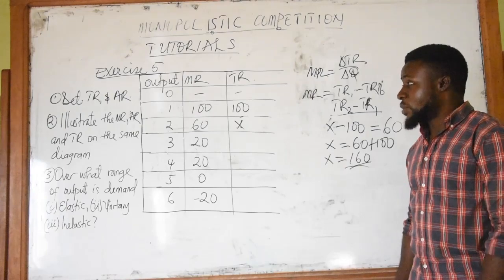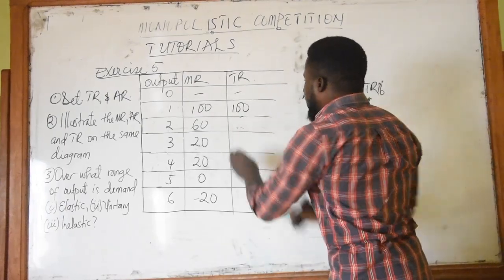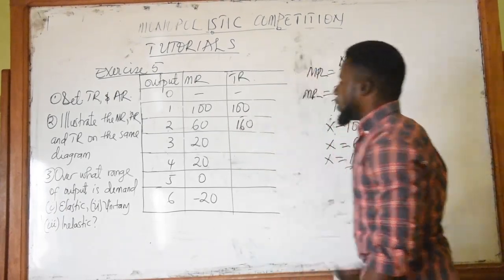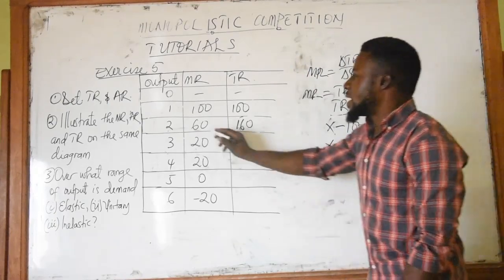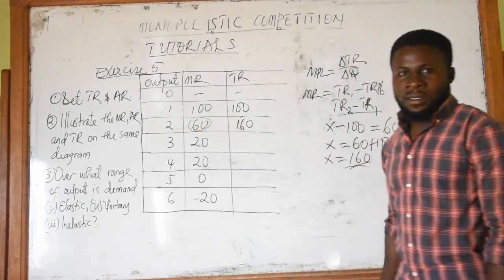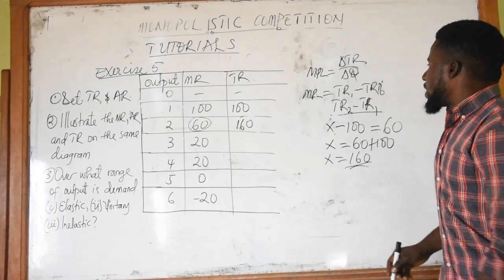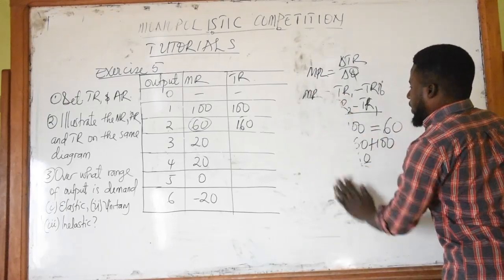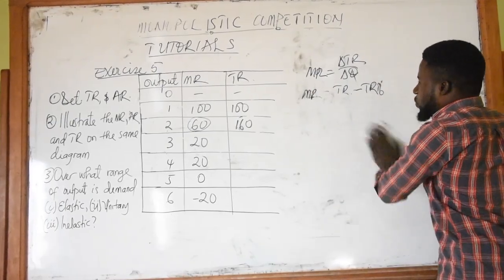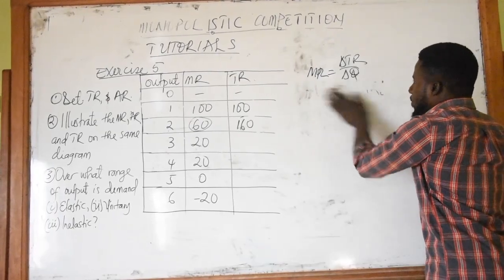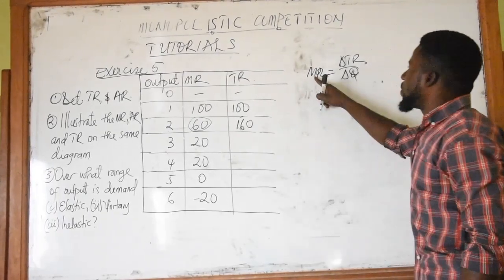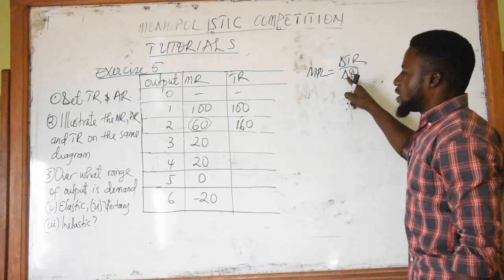And we can prove that we are right. To show that our total revenue here is 160, let us pretend that we do not know this 60 and calculate marginal revenue. Marginal revenue is equal to change in total revenue over change in output.